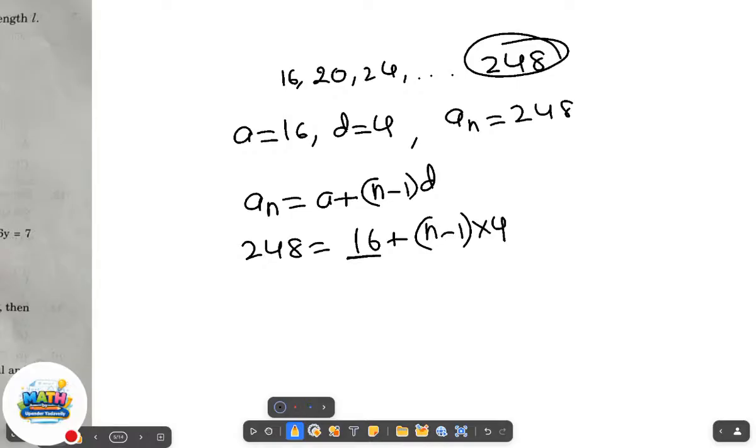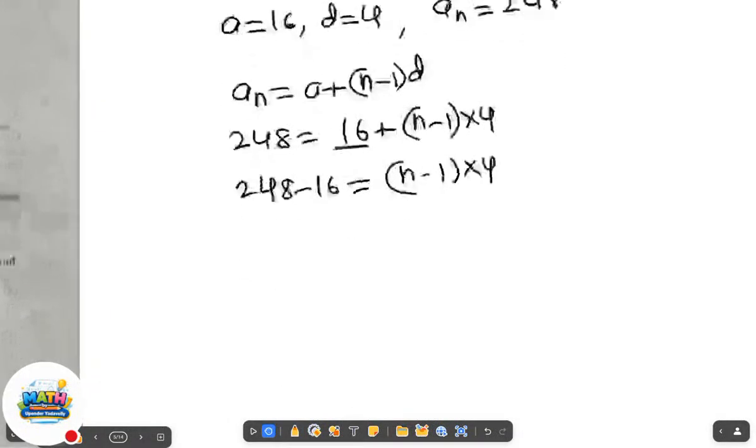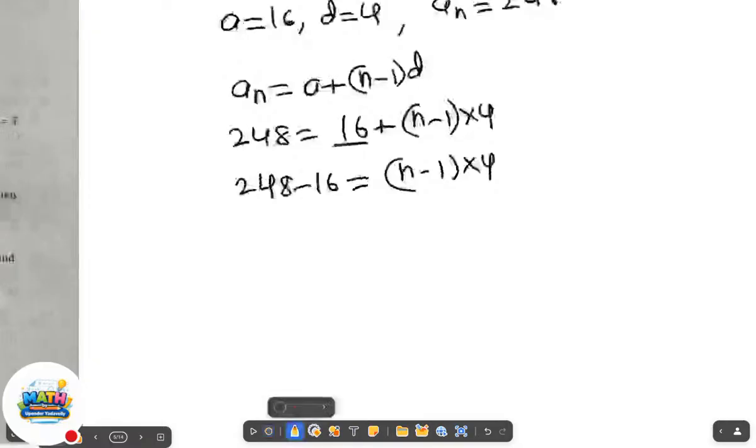So bring this 16 to the left side: 248 minus 16 is equals to n minus 1 into 4. 248 minus 16 is 232. 232 equals, now let's multiply with 4: 4 into n is 4n, 4 into minus 1 is minus 4.